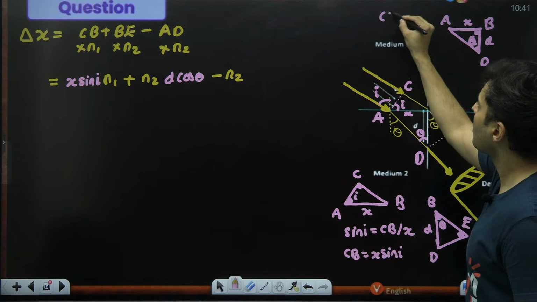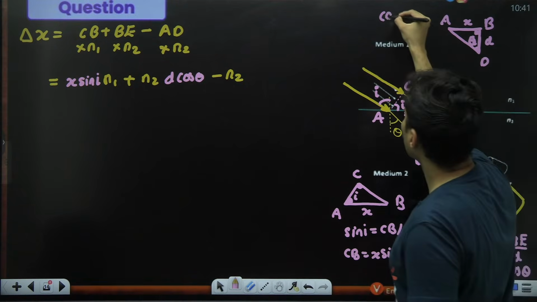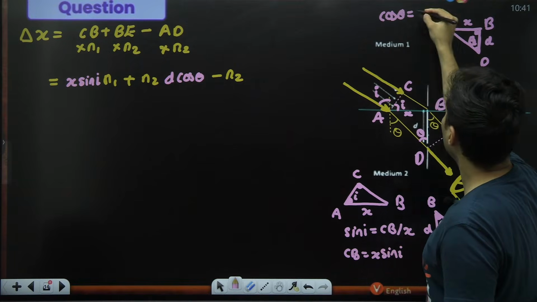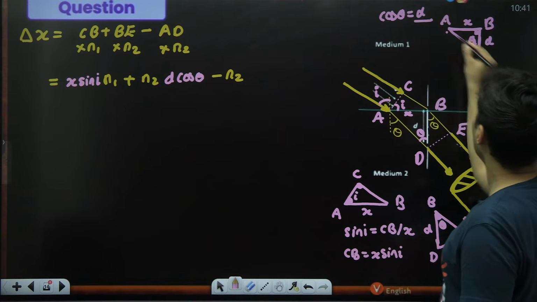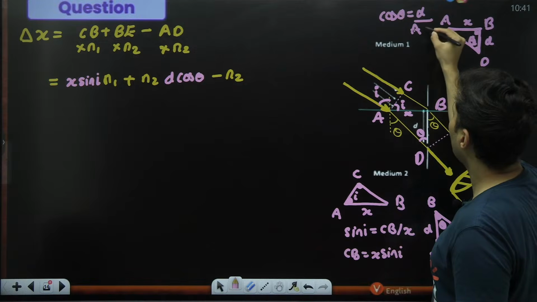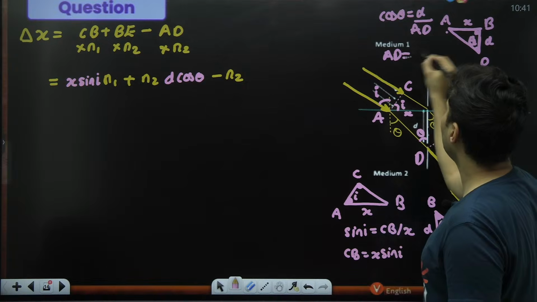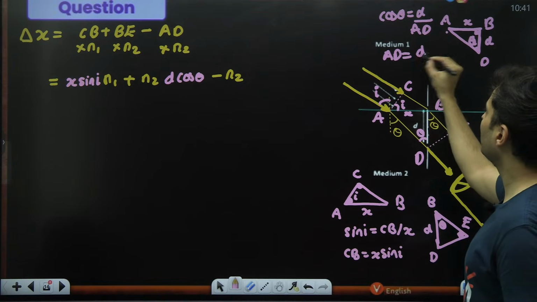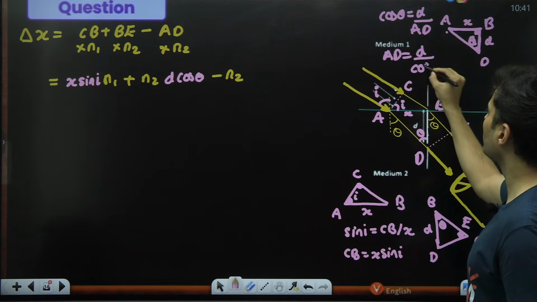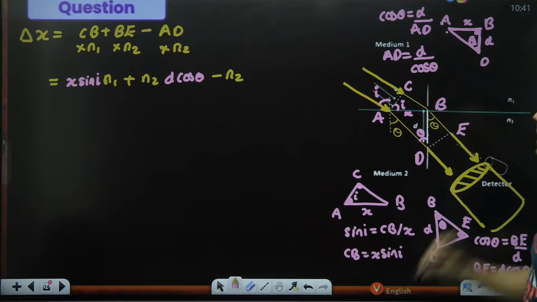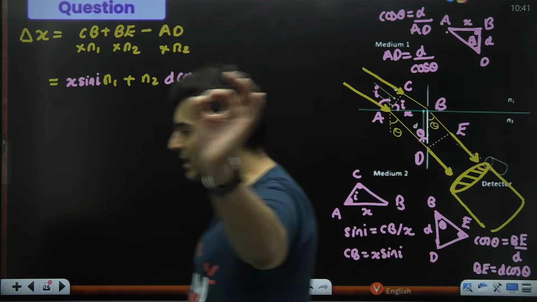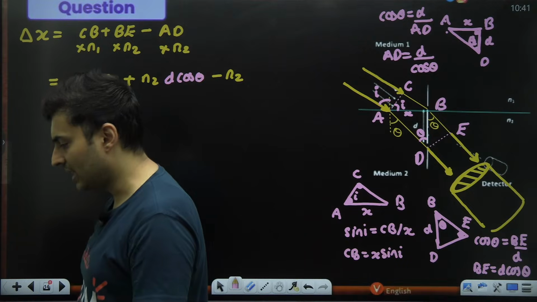So cos of theta will be d divided by AD. So A to D will be nothing but d divided by cos of theta. Can you see that?